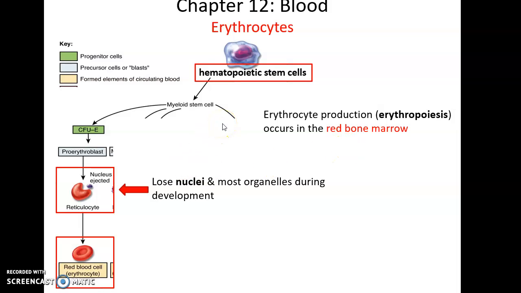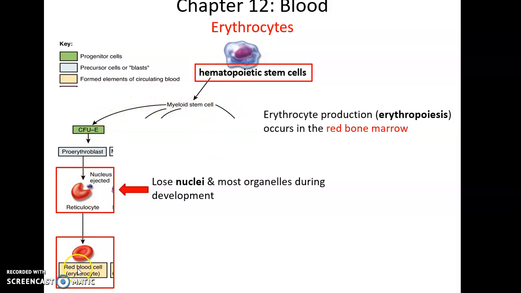In our red bone marrow, again, red bone marrow is where all blood cells are produced, there is a set of stem cells, hematopoietic stem cells, hemato related to blood. They produce all of the blood cells, and then through a process called erythropoiesis, poiesis meaning generation, erythro for the red blood cells, we get our red blood cells produced.